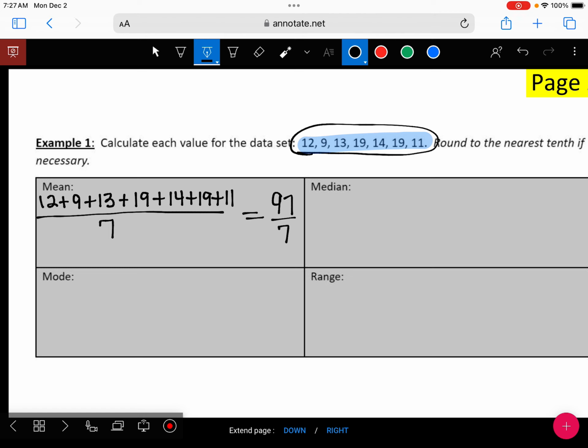And then we'll just round it to the tenth place, so that's just one number. So that would be 13.9. 13.9, that is the mean. That would be your answer. That's the mean.